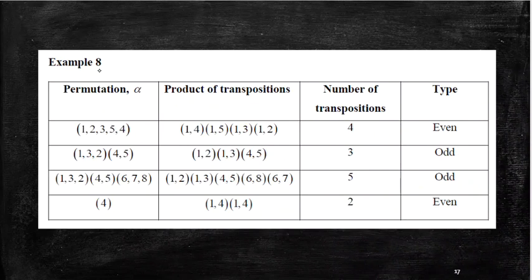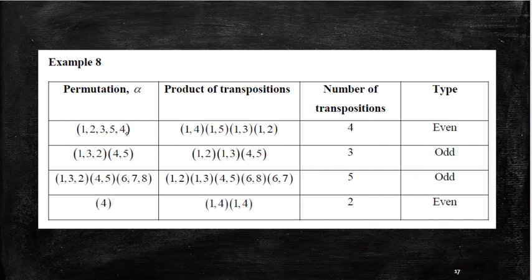Let's consider this example. We have permutation alpha. For number 1, we have (1, 2, 3, 5, 4). To find whether it is an even or odd permutation, we must first write this permutation as a product of transpositions.